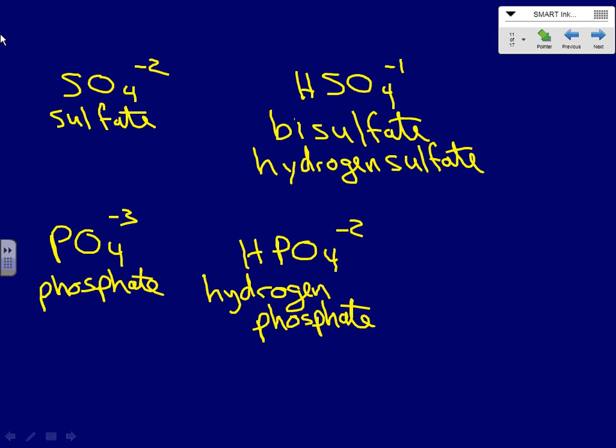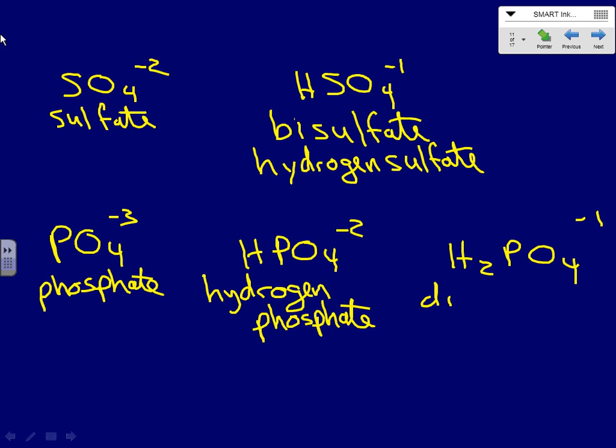The neat thing about phosphate is I can add a second one. H2PO4. And what is that charge going to be? Yep, -1. And now I need a name that distinguishes this from this. Yeah, dihydrogen phosphate. We're now going to pull out that prefix that we've used in things like molecular substances.